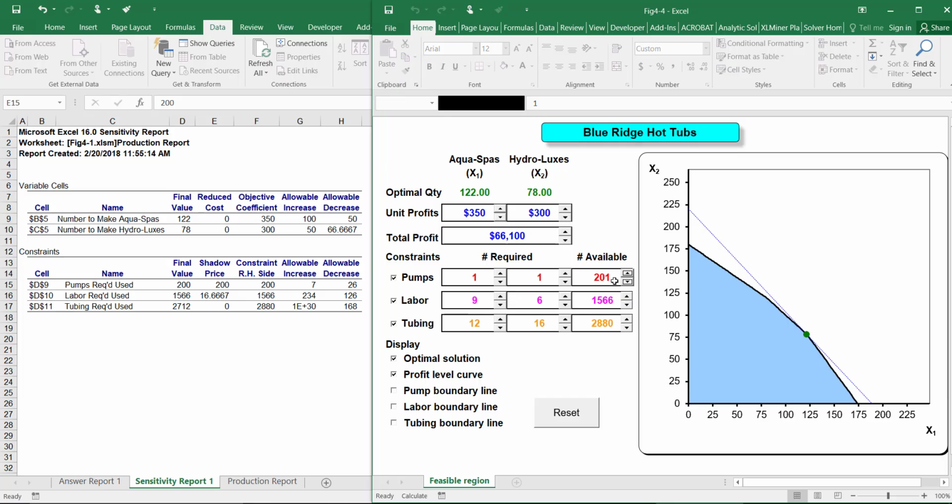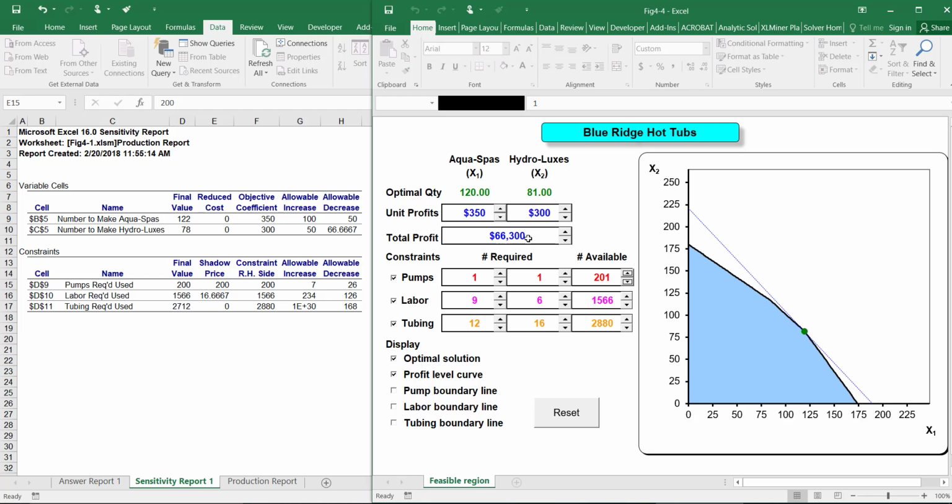I increase it from 200 to 201, and you can see that the objective function has increased from 60,100 to 66,300. So that means 200 has been added to the total profit. So this is the value of the shadow price.